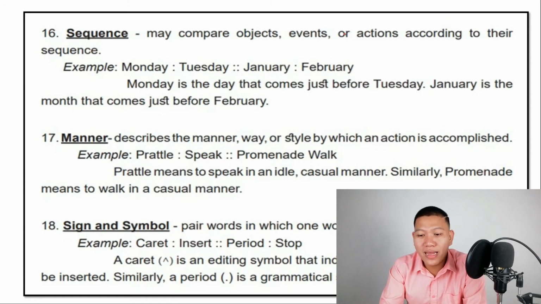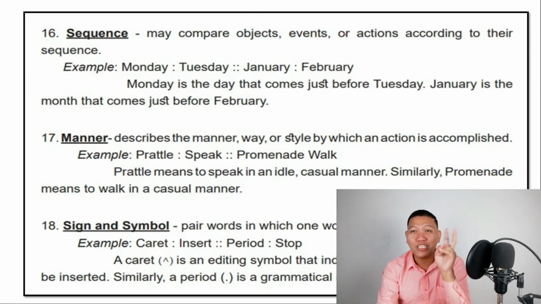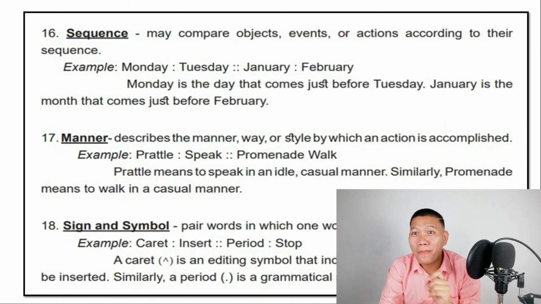When we say prattle, it's the casual way of speaking, and when we say promenade, it's the casual way of walking. Both casual ways. So we're talking about the manner.